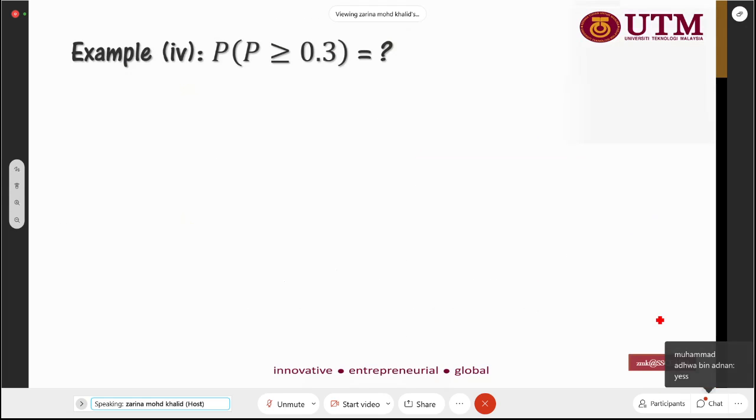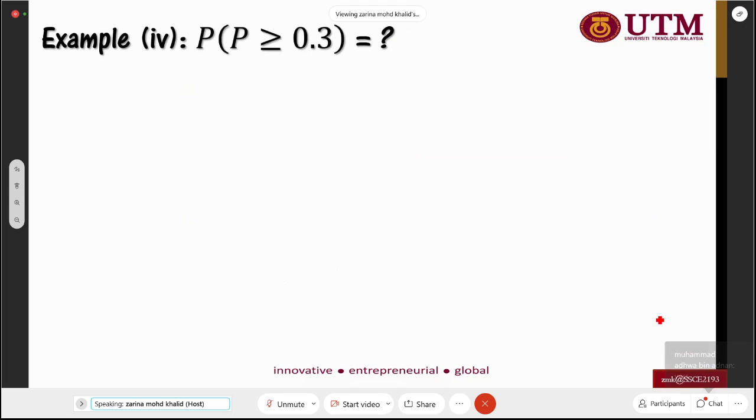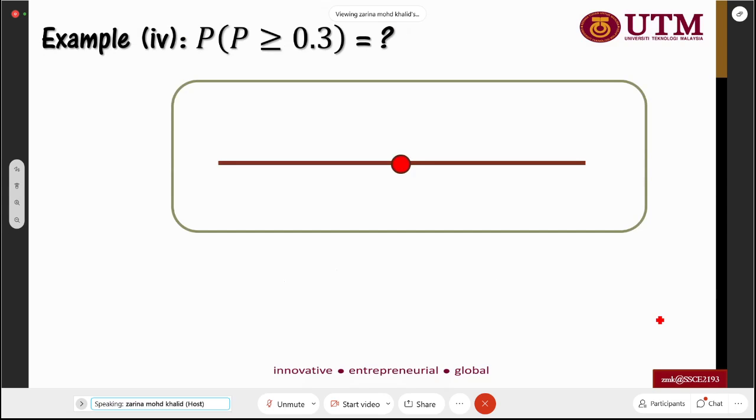Let's look at another example. What about greater than or equal to? So we have a solid circle here, because we want 0.3 to be included. So we use a solid line. The area has to include 0.3, so we start off from a value slightly lower than 0.3.